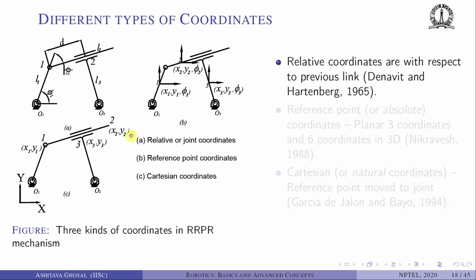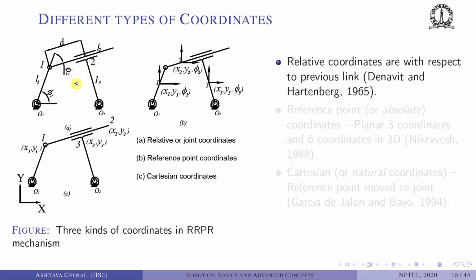We had looked at what are called joint coordinates. For example, in this mechanism, which is R, R, P, R, we can say that phi 1 is the rotation of the first joint, phi 2 is the rotation of this second joint, and this translation is given by D. So we can have these 3 coordinates which specify the configuration of this R, R, P, R mechanism.